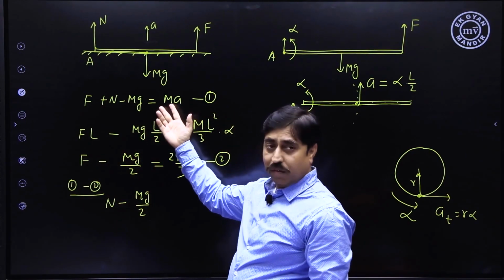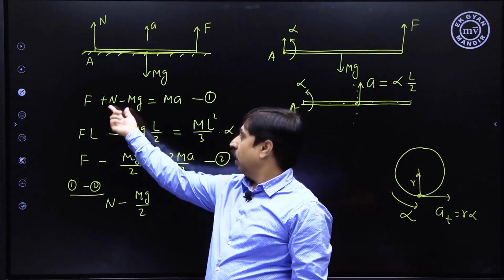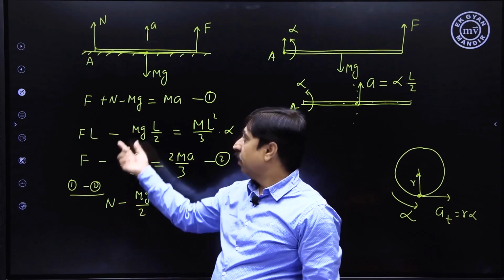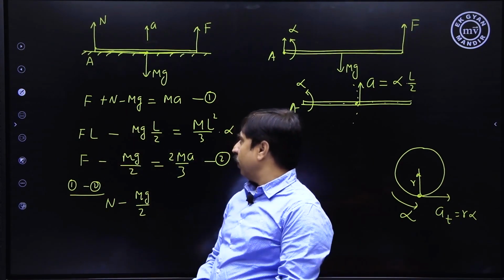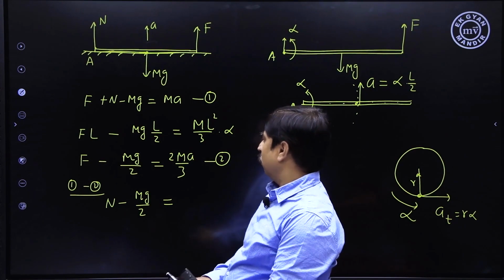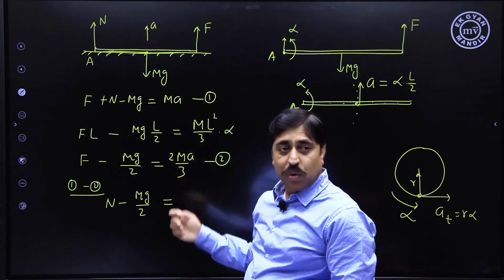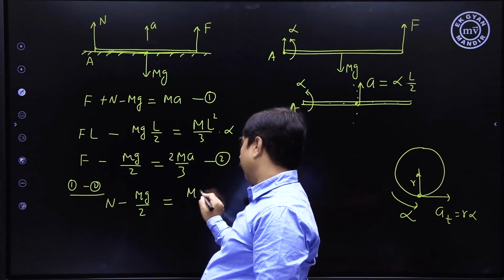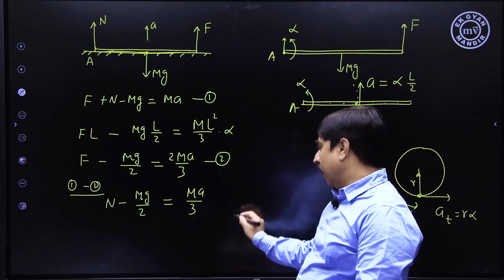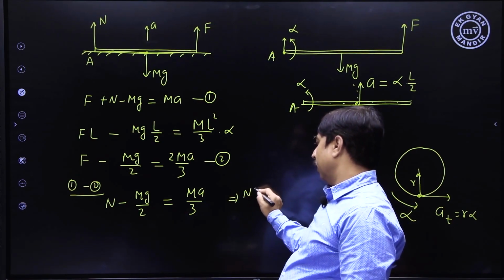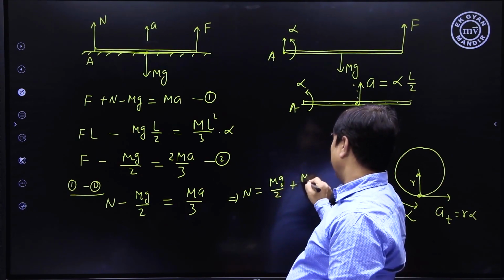I am subtracting equation 2 from 1. So, F minus F is 0, n is there, and this minus this will become plus. So, minus mg by 2 is equal to this minus this, so this is Ma and 2/3 of Ma. So, this is 1/3 of Ma. So, from here I can see that the normal reaction force is mg by 2 plus Ma by 3.